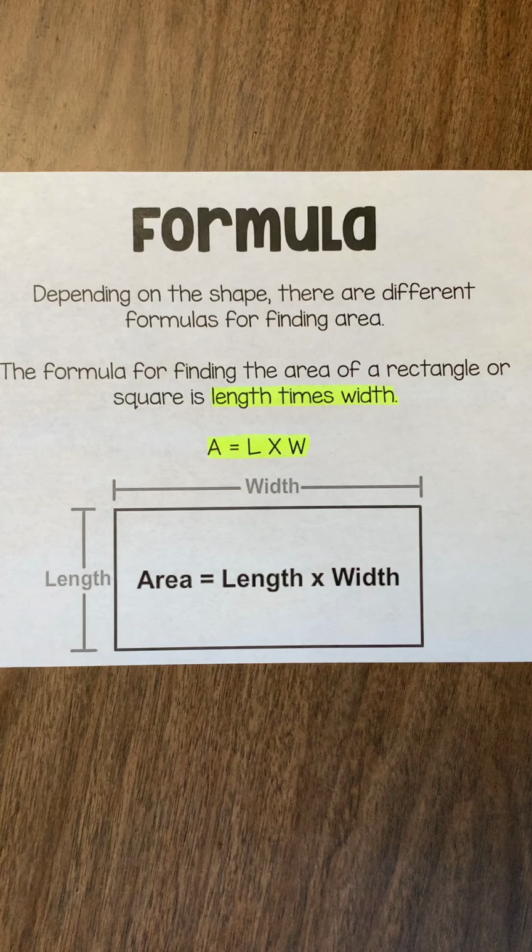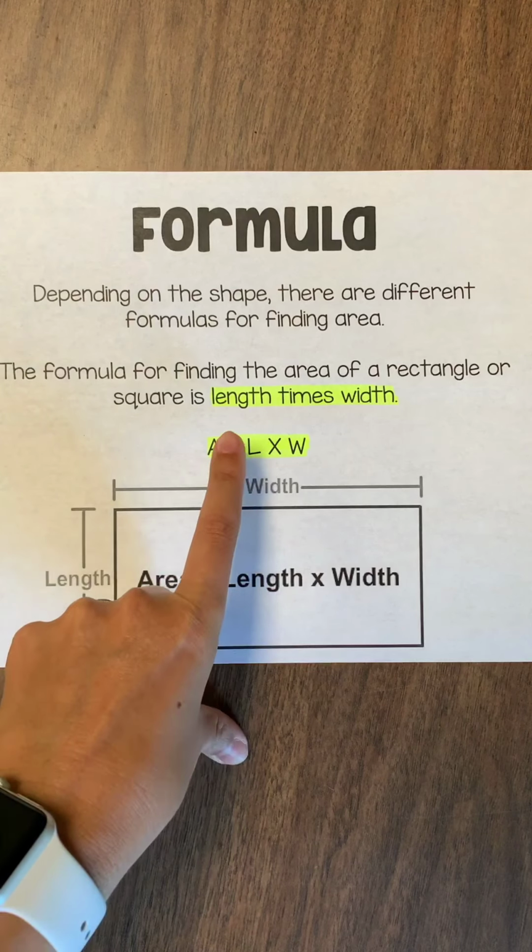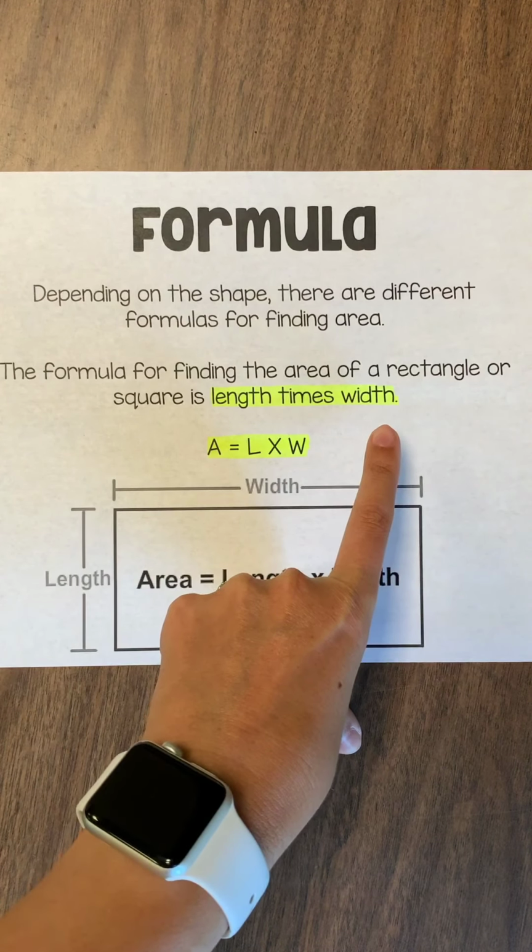All right, another idea that we need to discuss is the formula for finding area. Depending on the shape, there are different formulas or strategies for finding area. Today, we're just going to focus on squares and rectangles. The formula for finding the area of a rectangle or a square is always going to be length times width.